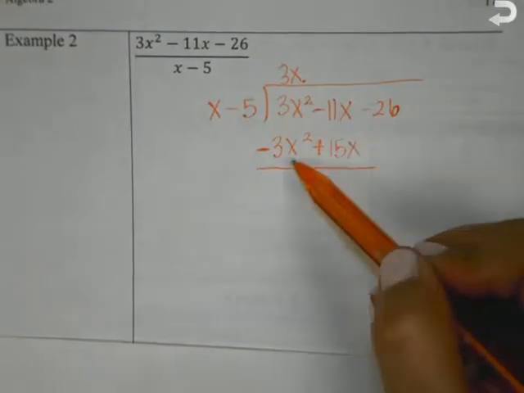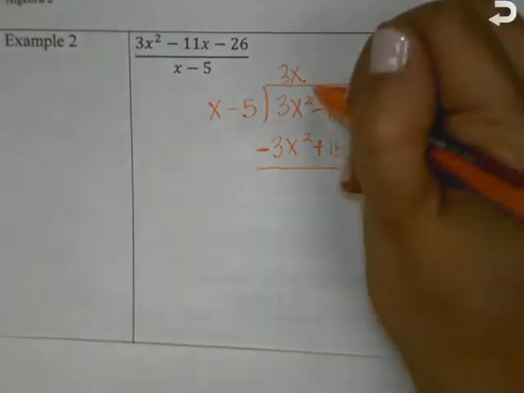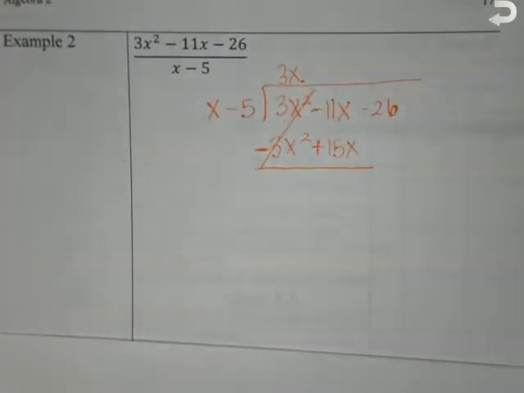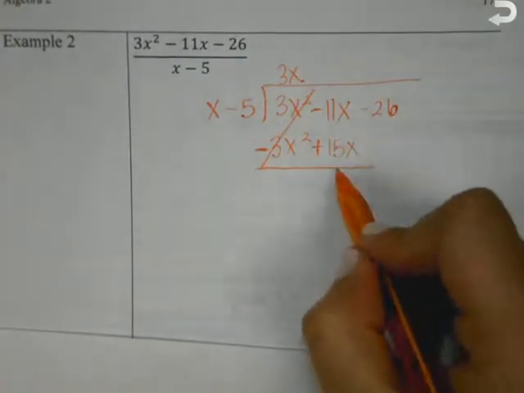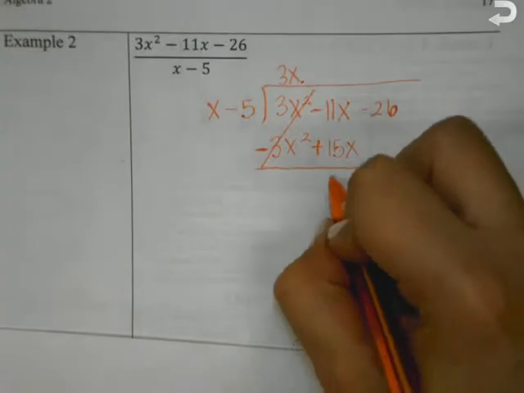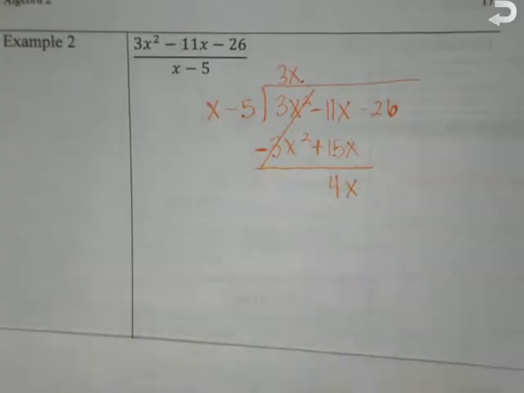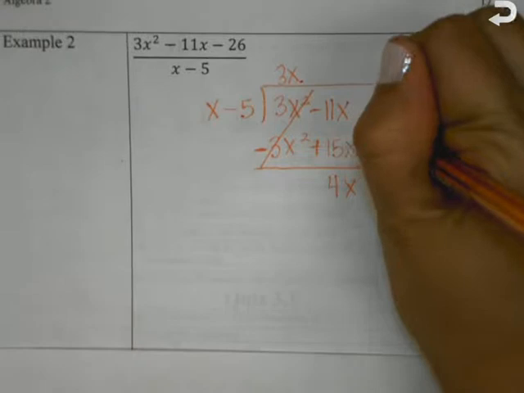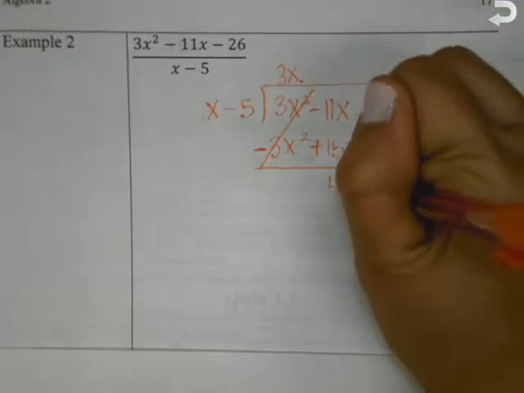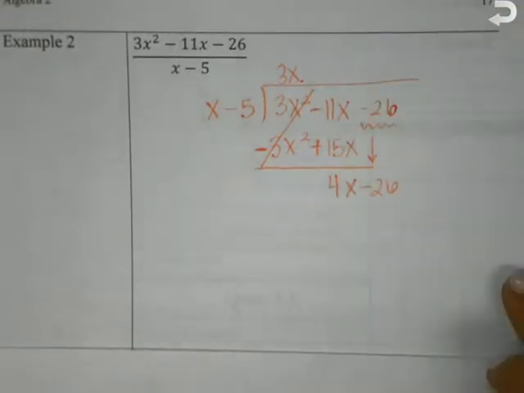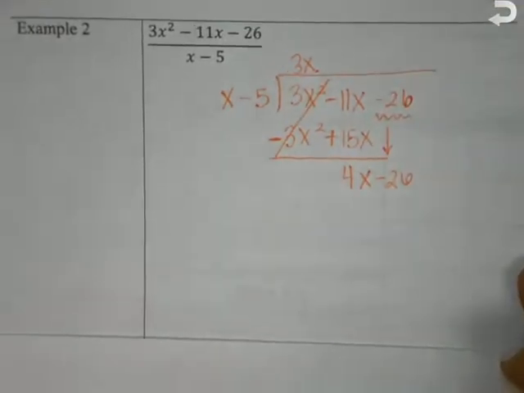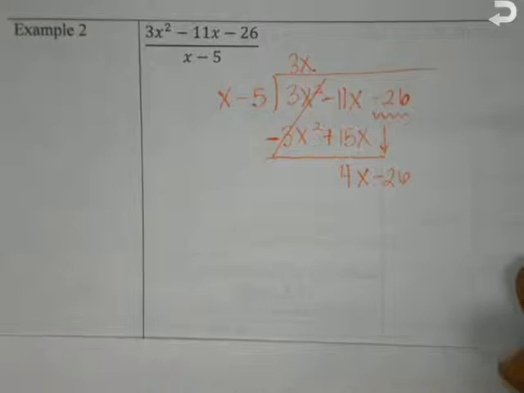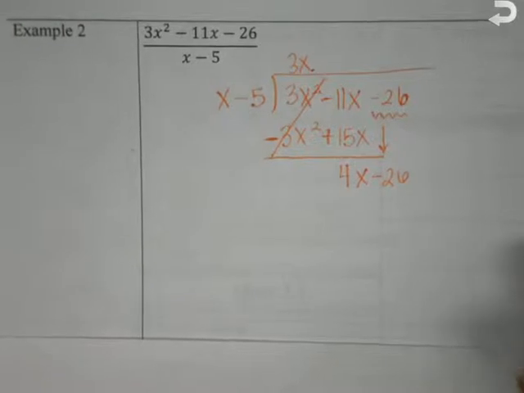Negative 11x plus 15x gives me 4x. Bring down the negative 26. And then we get to start all over again. x goes into 4x how many times? 4. So make sure you write plus 4, okay? Because we are working with polynomials.